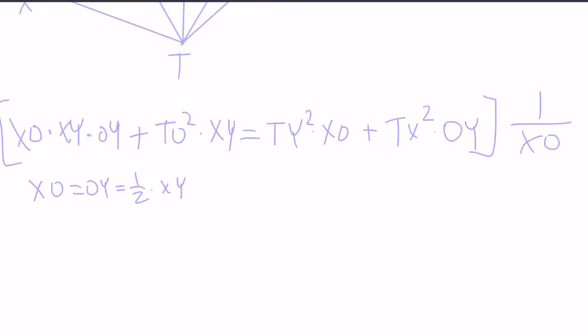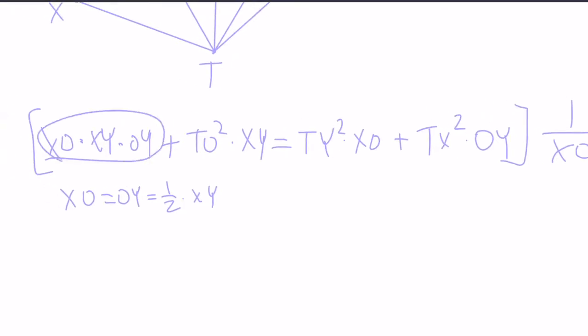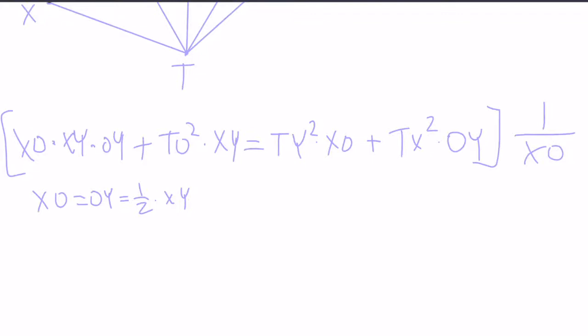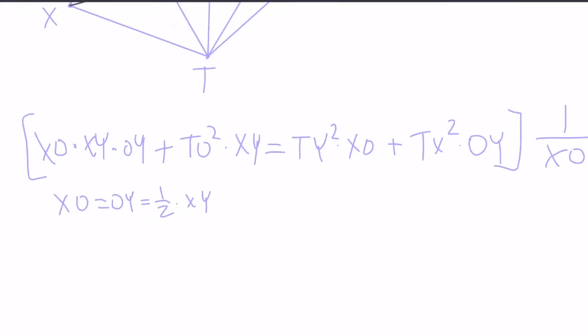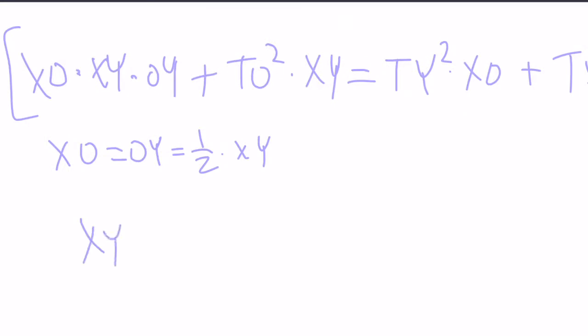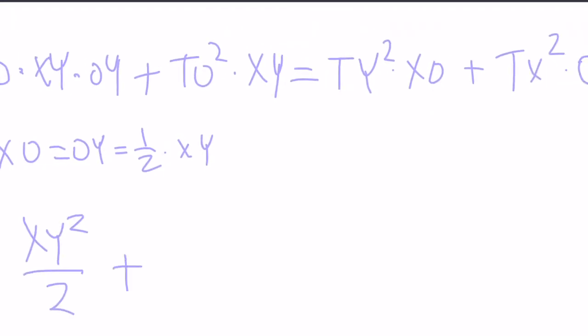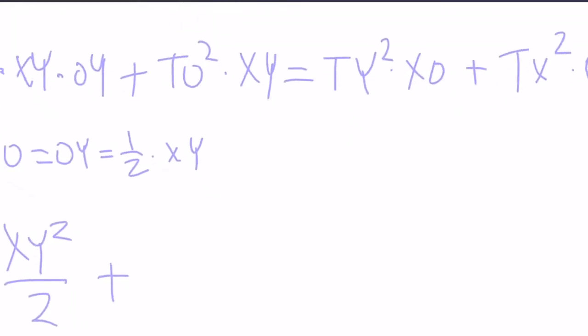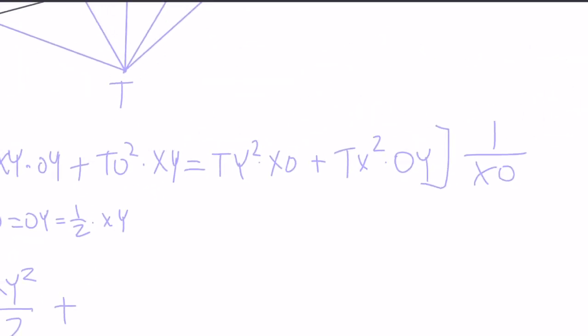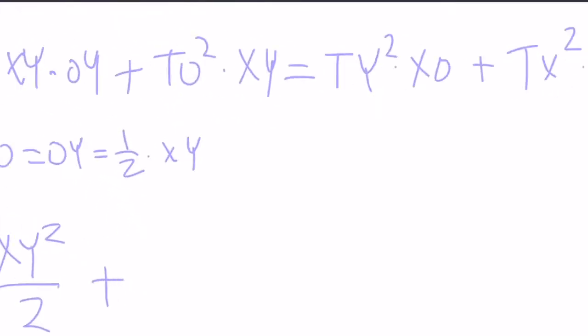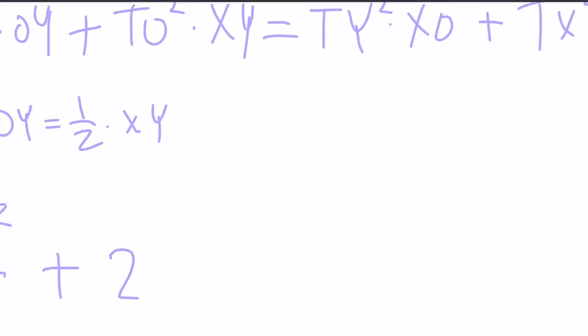After plugging these in, we cancel an XO here, and we can replace OY with 1/2 XY. So our very left-hand term becomes XY squared over 2.